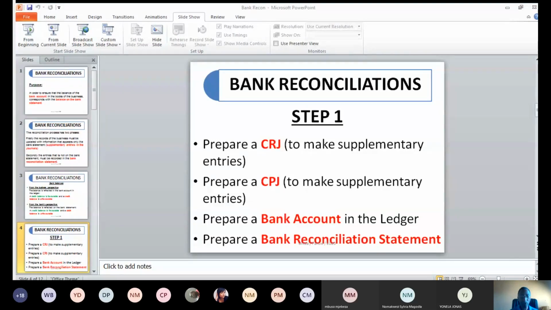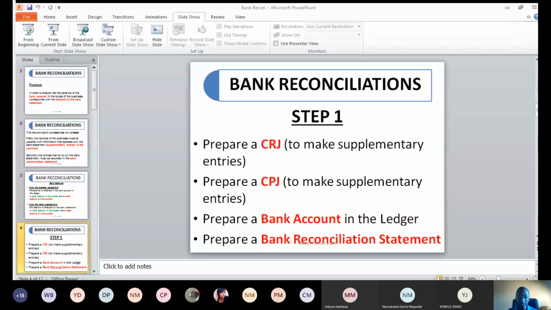In your next step, guys, we are now going to compare the cash receipts journal with the credit side of the bank statement. The reason why we compare these statements, guys, is that we are looking for items that appear in our records that are not on the bank statement, and we look for items that appear only on the bank statement that are not in your cash receipts journal.